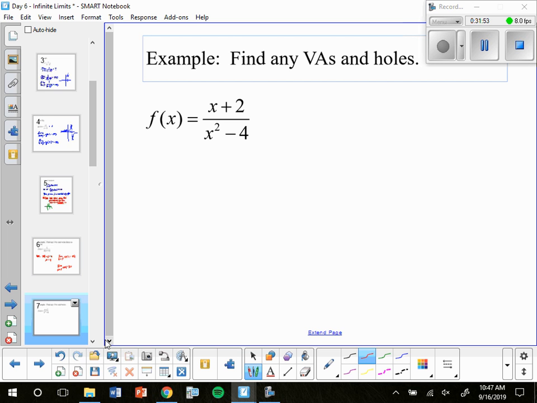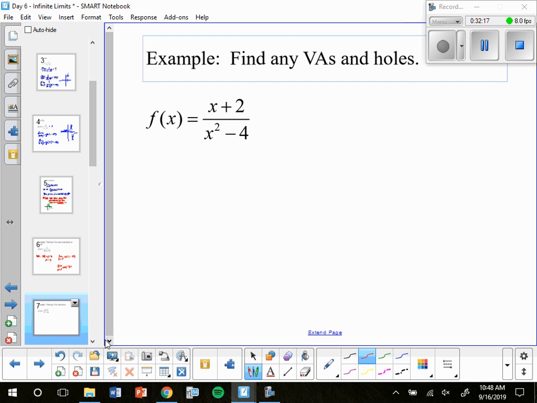I gave you time to write it down, yes? I want to find holes and vertical asymptotes. When do holes happen? First of all, let's just stop. Where is this function undefined?